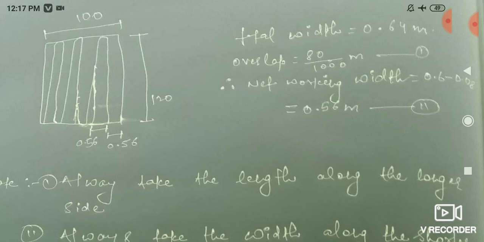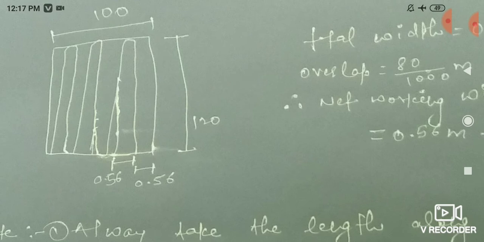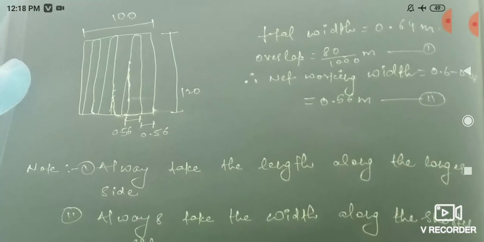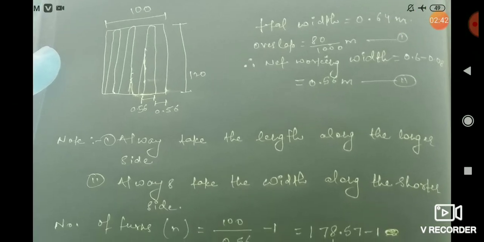Friends, you can clearly see here, whenever our tractor will move in the field, suppose it will move from point A to point B, then after it will return from point B to point A again, means the spacing between two consecutive movements of tractor is 0.56.